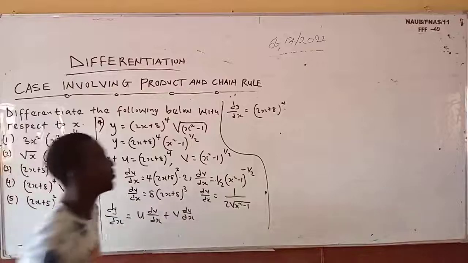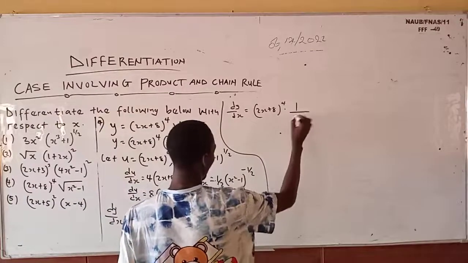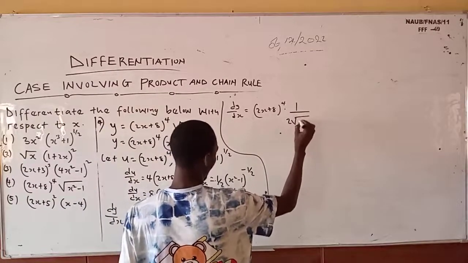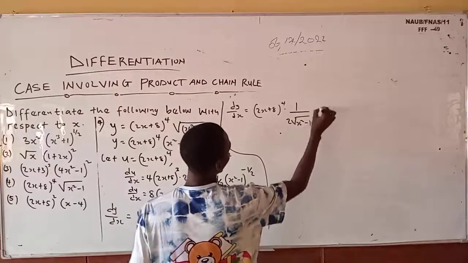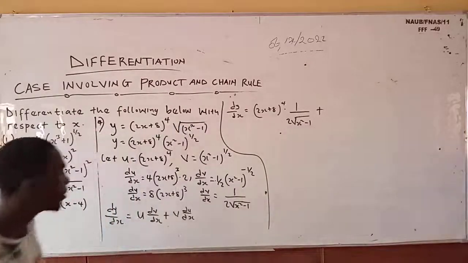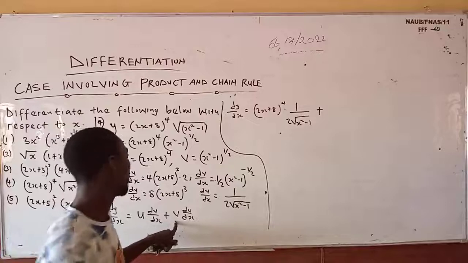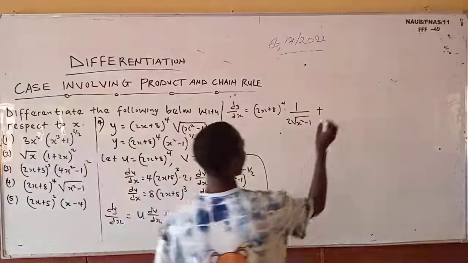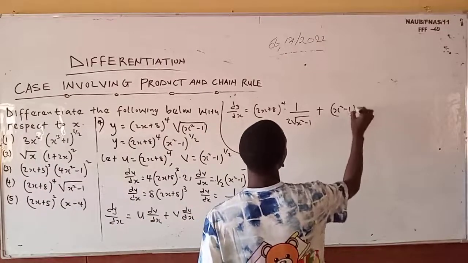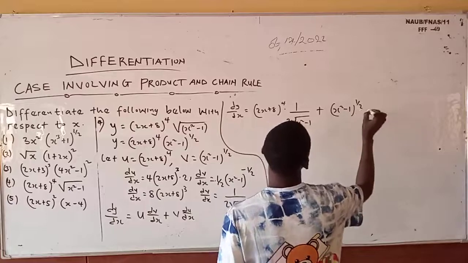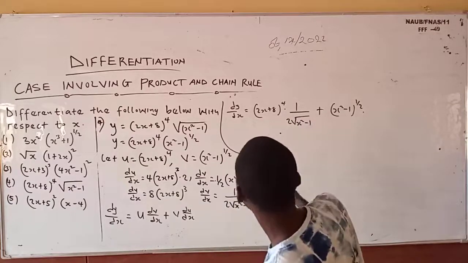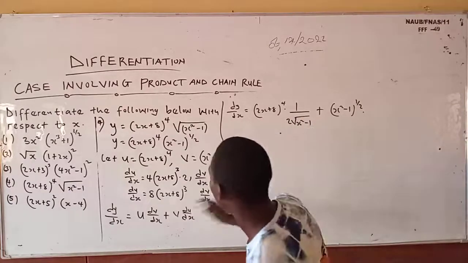This is dv dx. Dv dx is 1 all over 2 root s squared minus 1, plus v. What is v? This is v. V is s squared minus 1 all to the power of what? Half. Multiplied by du dx. This is du dx.